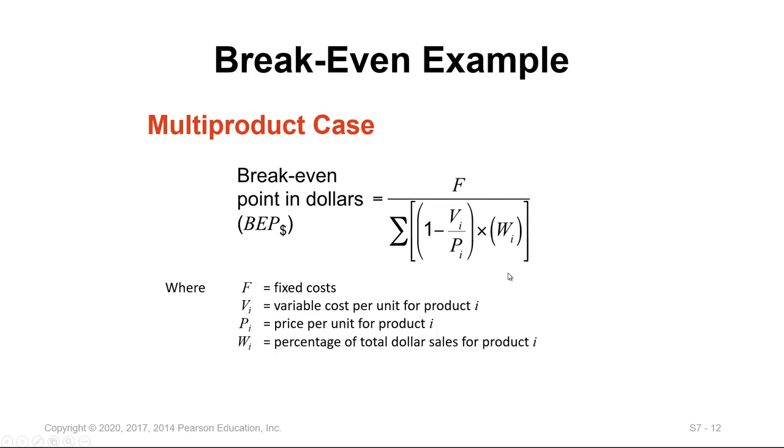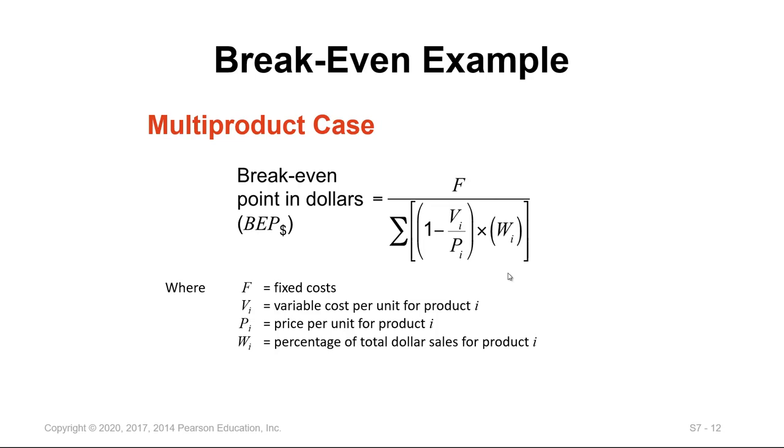The previous calculation and example was for a single product, and most companies don't have only a single product. They will have more than one product with different dollar sales percentages. You will see some of the products that will be sold the most, some of them will be sold less, and so on.